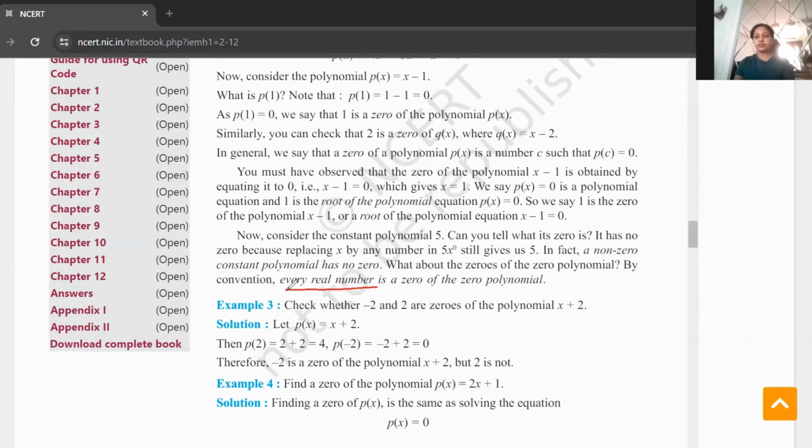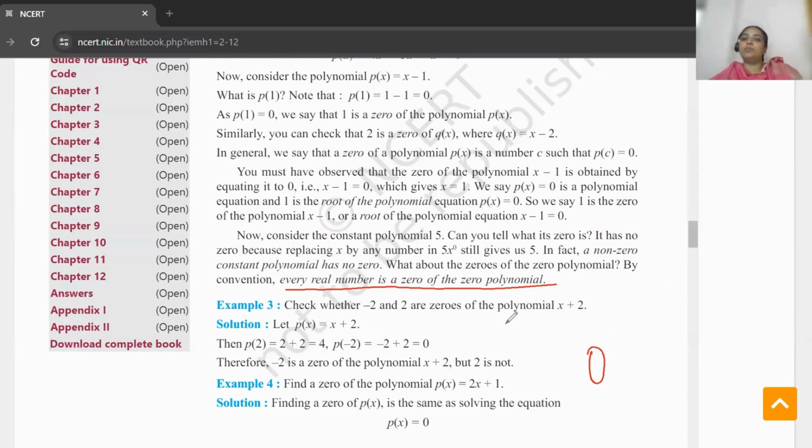Now the next line: every real number is a zero of the zero polynomial. So among the constant polynomials, the specific case 0 is the zero polynomial. Now can you find the zero of this? If it is 0, that means this is 0 into x to the power 0, 10, 9, 11, 100, it can be anything. This x to the power anything, when multiplied by 0, the complete answer will be 0, right or not? So every real number fits into this x to give you the equation equal to 0.